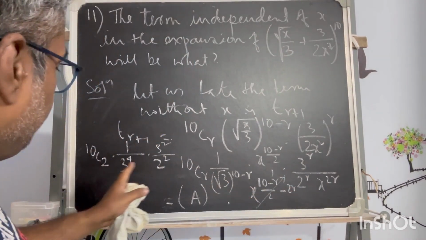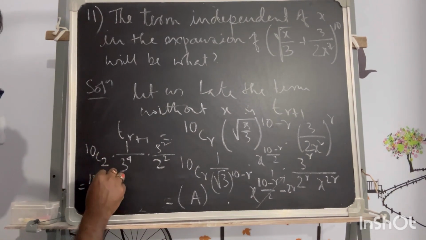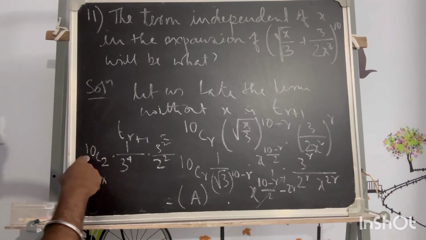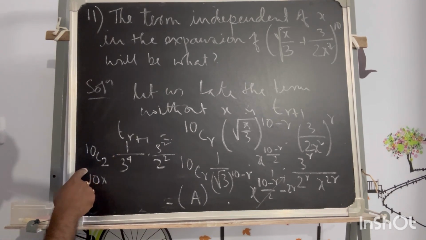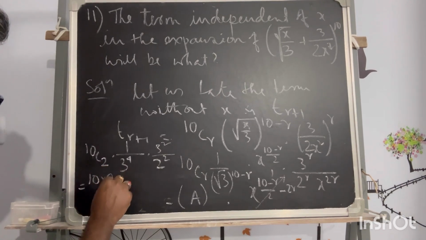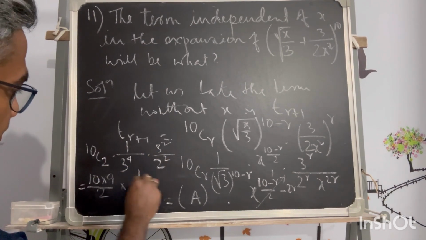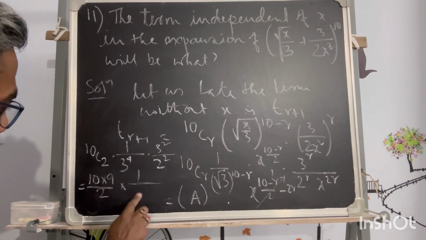So everything, if I put the constant, will be 10 into 9, if I expand it, 10 factorial at the top, 8 factorial, 2 factorial, so 10 into 9 by 2, and this will be 3 square and 2 square, that means 6 square, so that means 36.